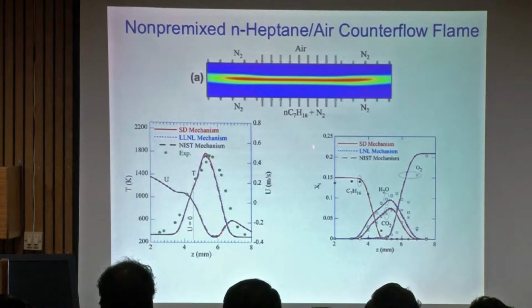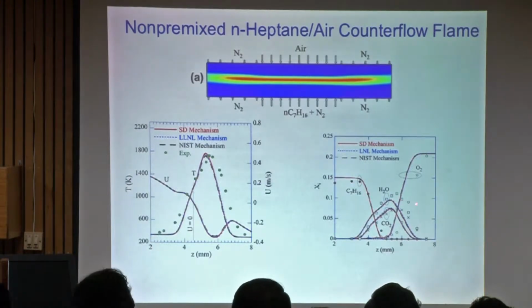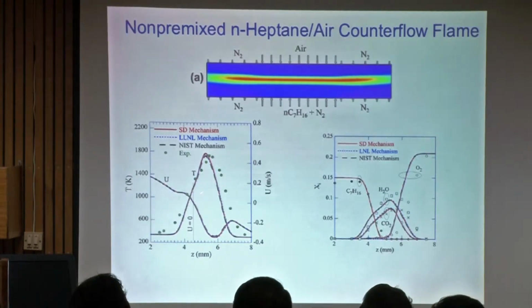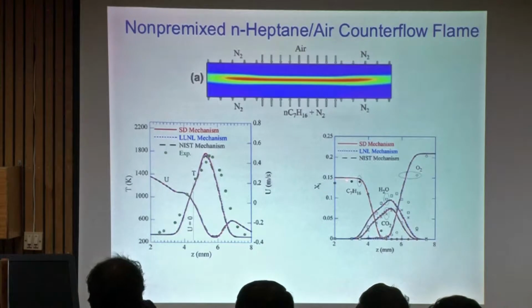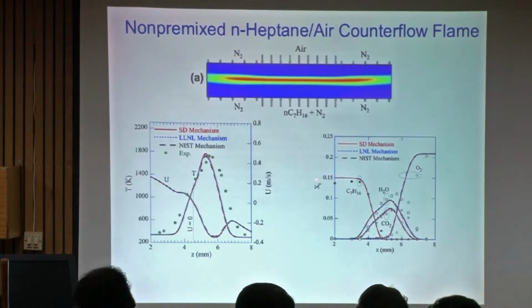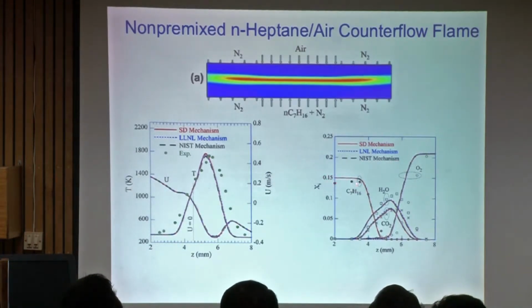And that was done to keep the temperature lower, and also to compare with the experimental data. The experiments were done with a high amount of nitrogen dilution. So almost 85% nitrogen, 0.15 fuel mole fraction, but the structure is very similar.